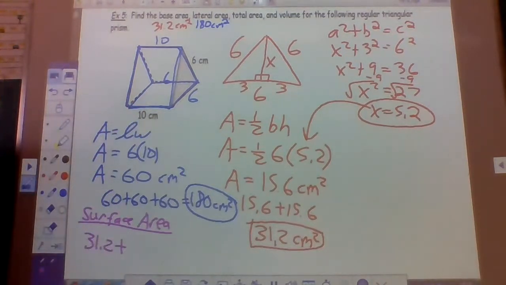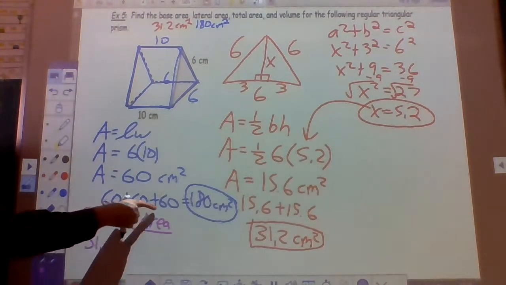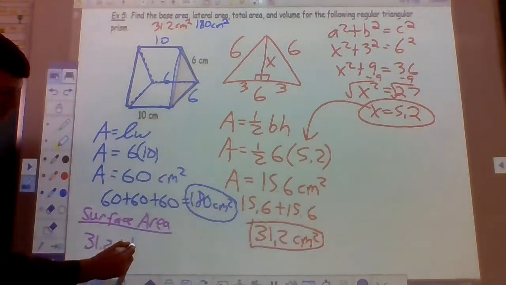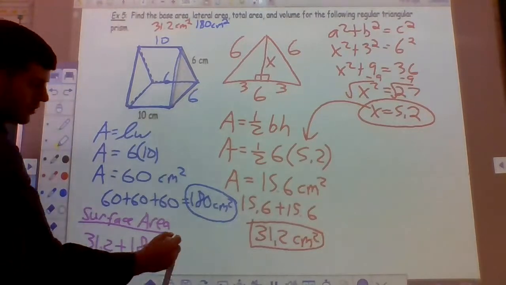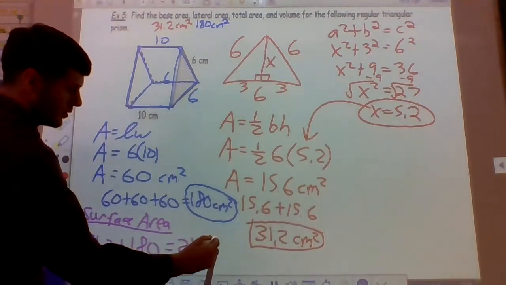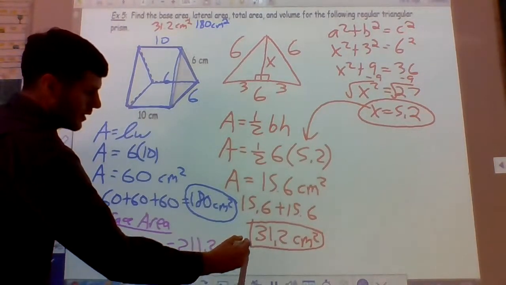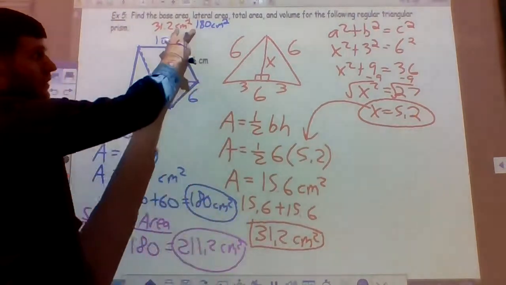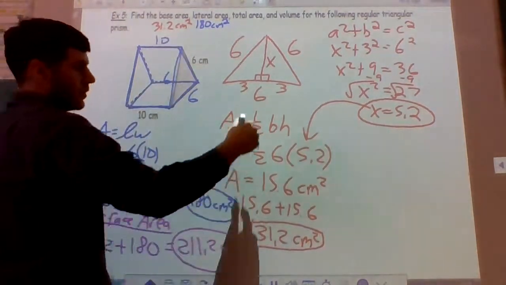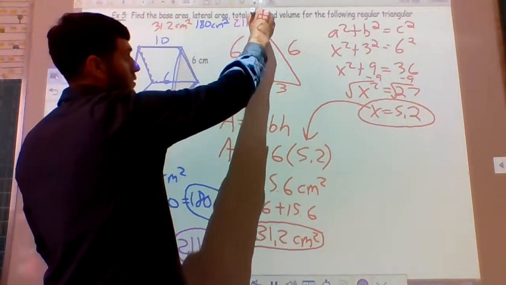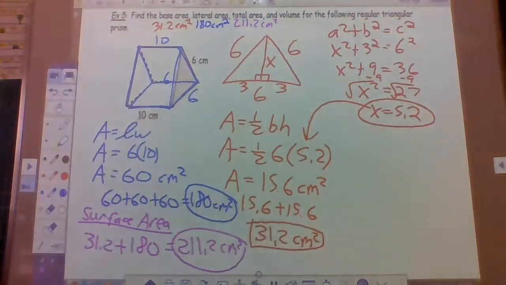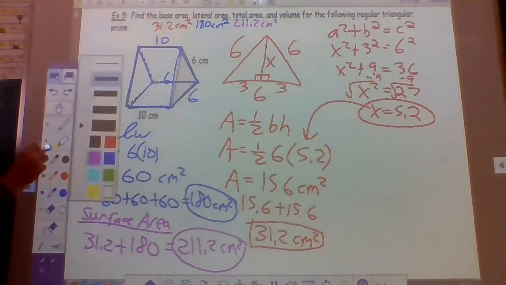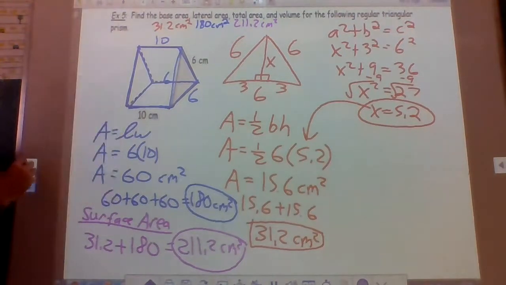And we want to add our lateral area, so plus 60 plus 60 plus 60, or plus 180. So 180 plus 31.2 is 211.2 centimeters squared. So our total surface area, again, is just these 2 numbers added together: 211.2 centimeters squared.